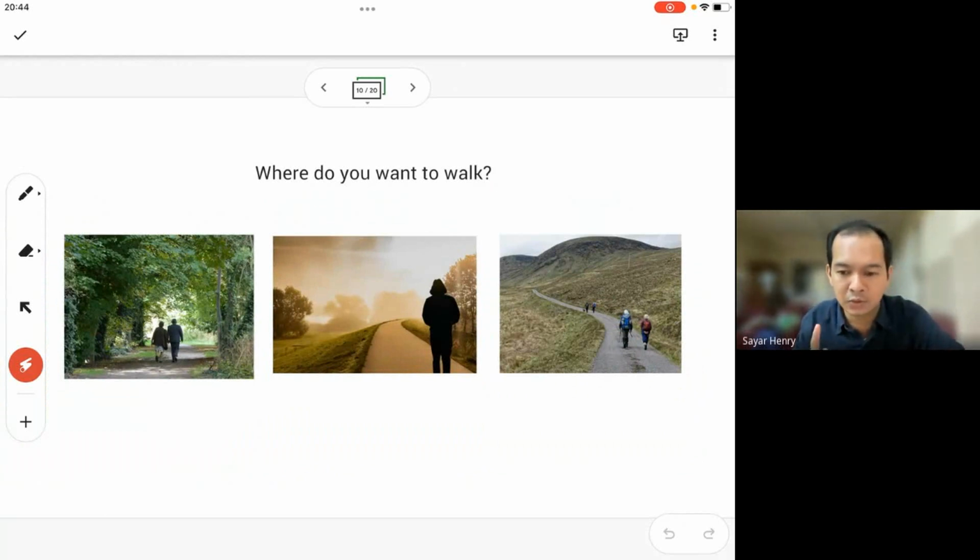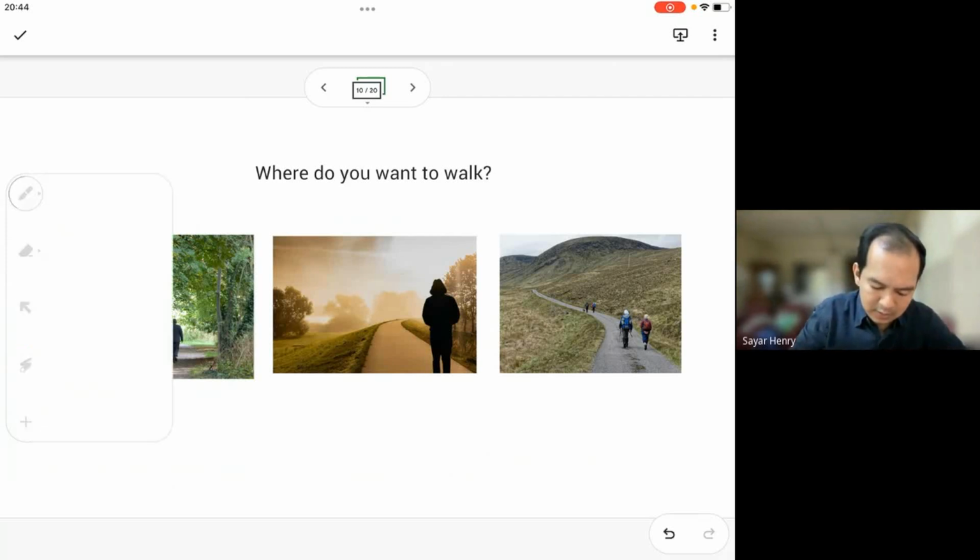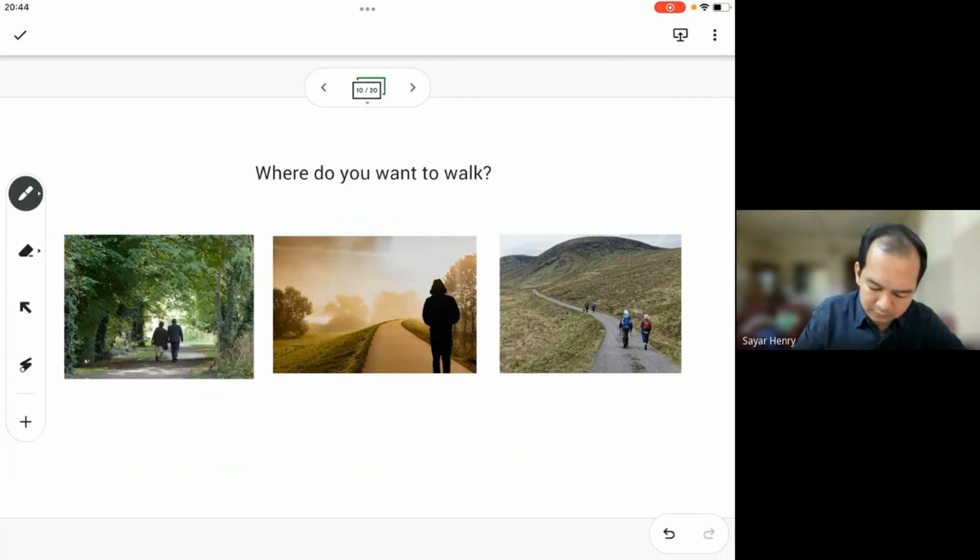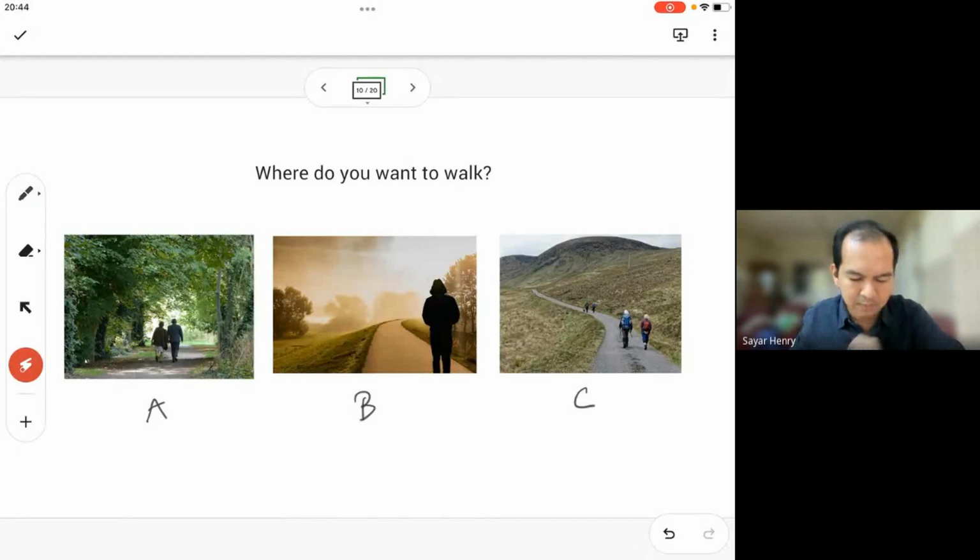I want you to answer this question. I will give names to the pictures: this is location A, B, and C. So try to plan your answer. I will give you about 1 minute. Where do you want to walk? Think about it.